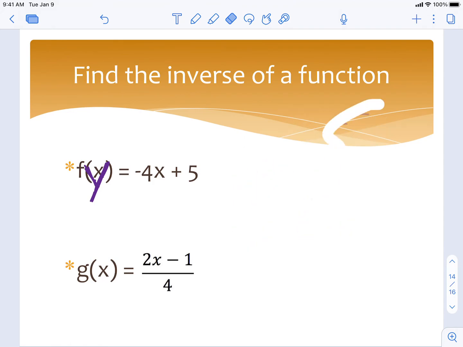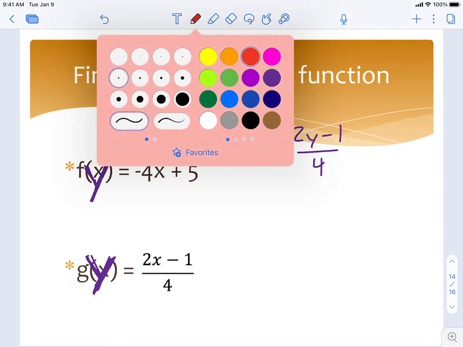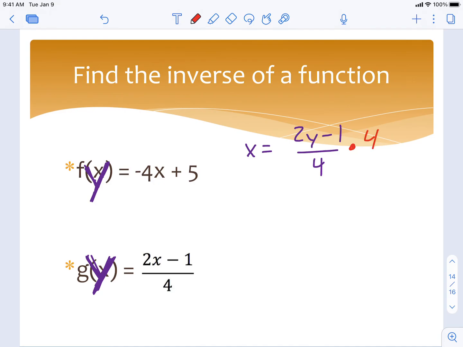Next one. Same idea. We want to treat g of x as y. And now we'll switch x and y, so it's going to be x equals 2y minus 1 over 4. To start this, to make a better looking equation, I need to multiply both sides by 4.